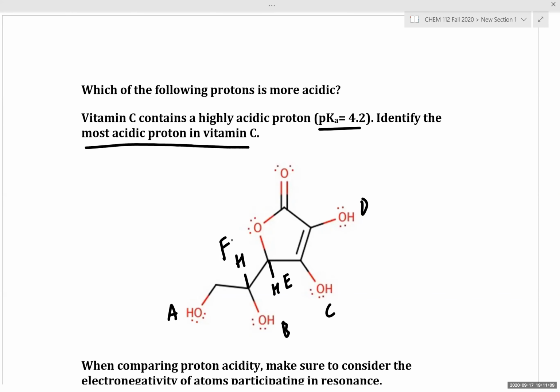And we'll discuss this example in about 2 to 3 minutes. But please don't be shy to submit your proposed response in the chat for the most acidic proton.